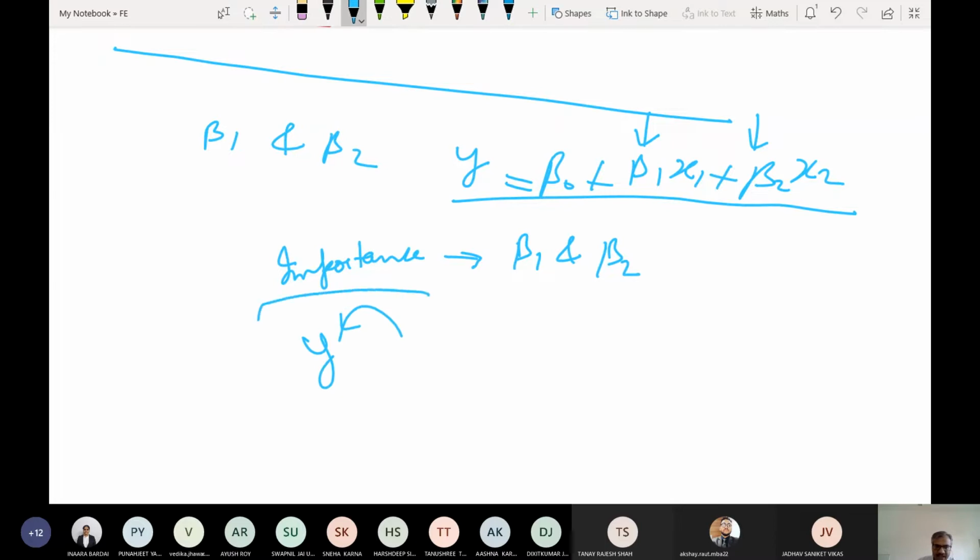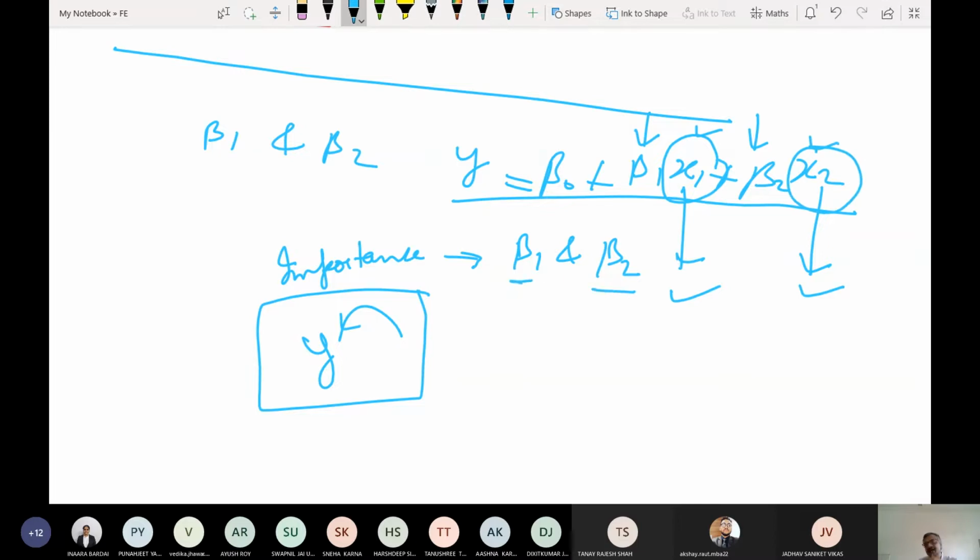So when we are having a regression model, we would like to know whether x1 is more important or x2. This can be done with the help of comparing beta 1 and beta 2, and this comparison is done with the help of standardized coefficients. So standardized coefficients help in understanding among the used independent variables which are more important.